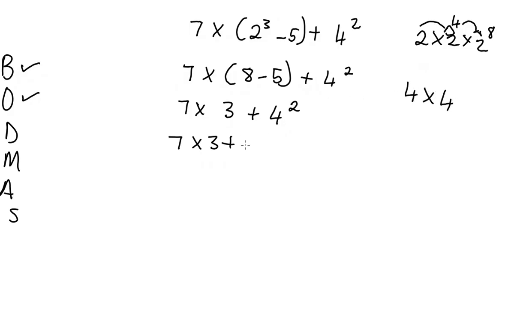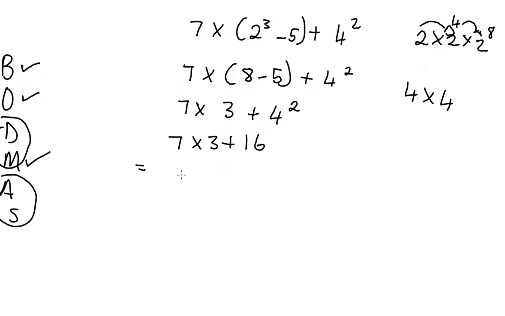And that will give us a total of 16, right? And then it's time to work this out now. 7 multiplied by 3. Obviously, we start with multiplication because division and multiplication will always be done before addition and subtraction, right? So between multiplication and addition, we multiply first.